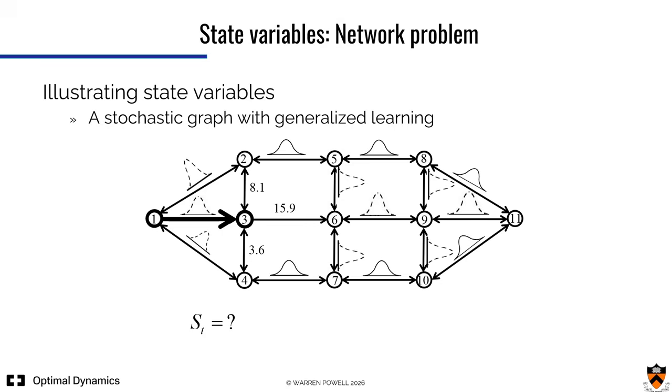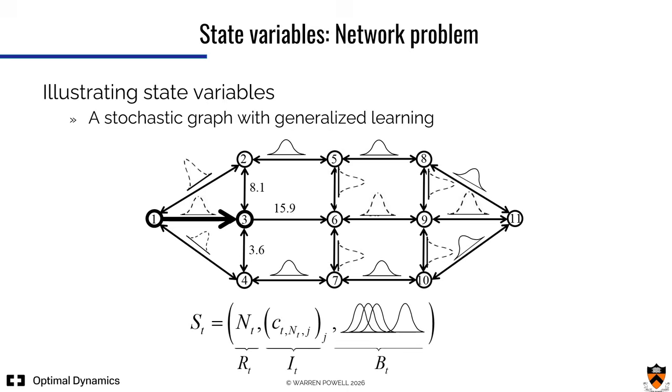Again, if I see that things are really highly congested, maybe there's congestion all around the network, there will be downstream congestion. And so now those probability distributions are not static, they are dynamic. So my state variable is going to consist of I'm at node 3, I have my other information, and I have my belief state, which is all of these distributions because they are dynamically changing.